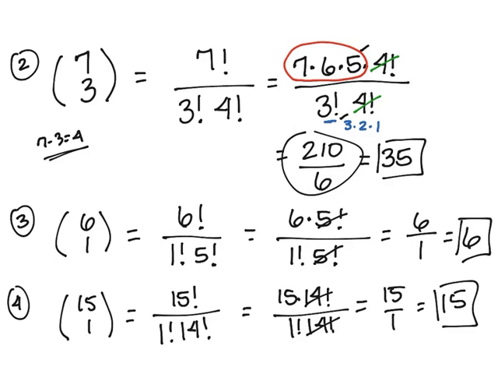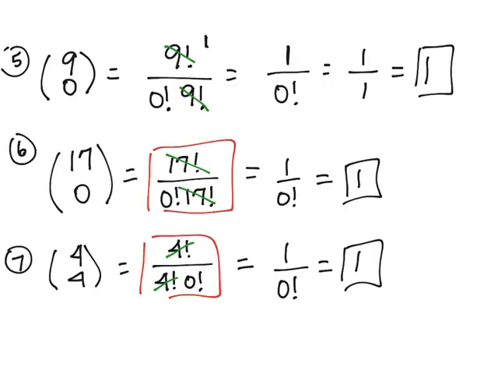Now, if you have a number over 1, your answer would just be that number. If you have a number over 0, that answer will be 1. And if you have a number over itself, that answer is 1. So that's it with binomial coefficient.